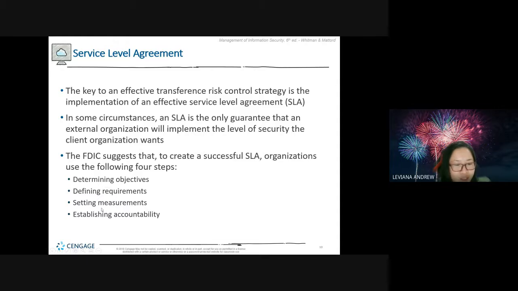And then setting measurements, how it will be achieved, how to measure whether there are no vulnerabilities or no threats coming in, and then establish accountability, who is responsible for that system once the service level agreement is commenced, or who is the key person who is taking care of the project.